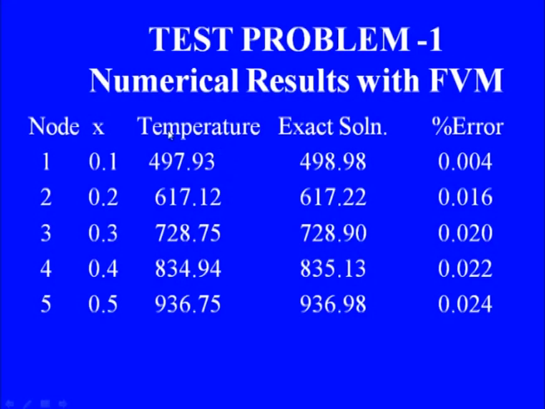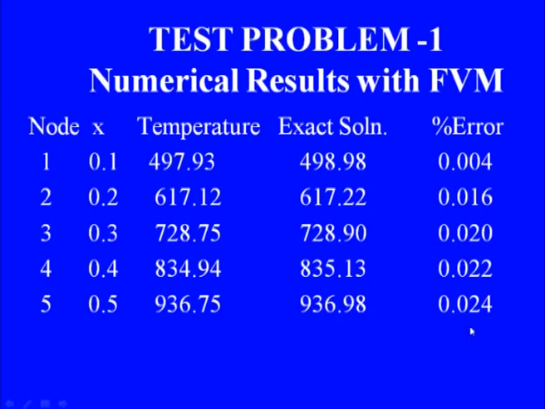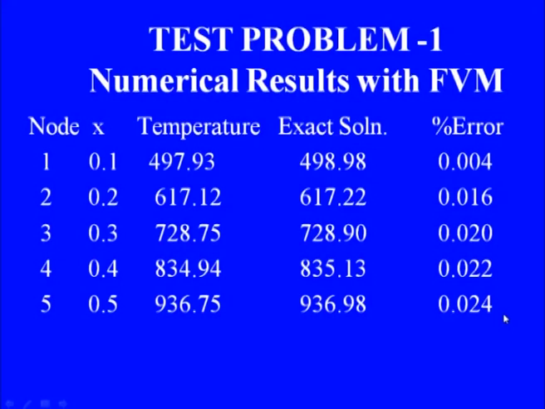They are the values obtained from finite volume formulation. This was the exact solution, and you can just compare these errors. You have already got the relevant slides with finite differences, you can go back and compare, and you can easily say that the results obtained with finite volume formulation are more accurate compared to finite difference formulations.